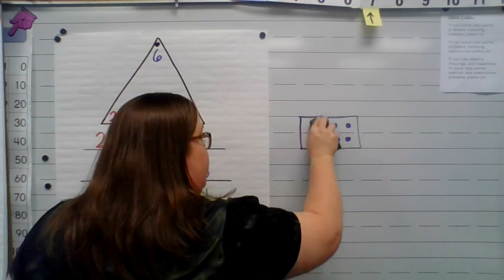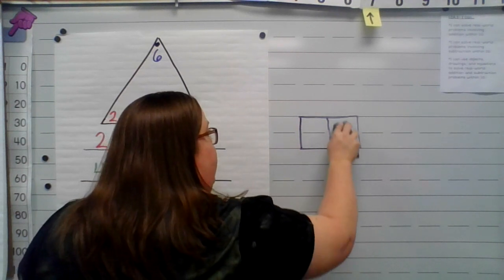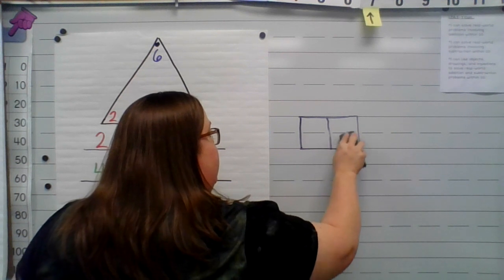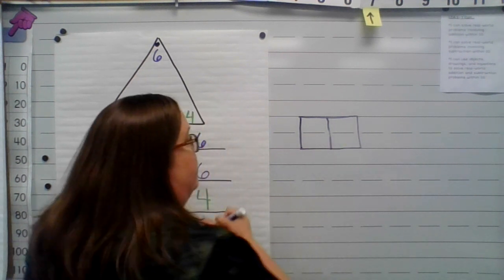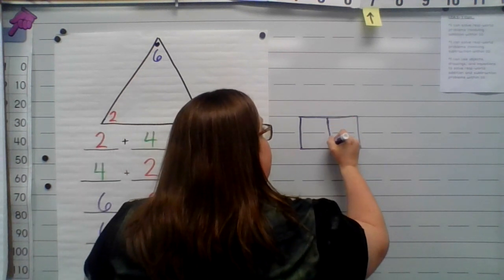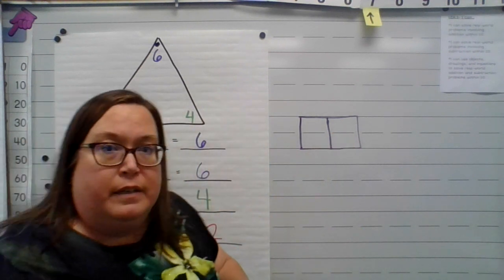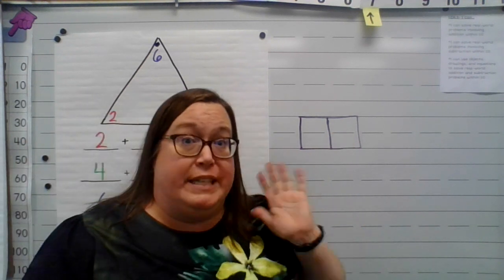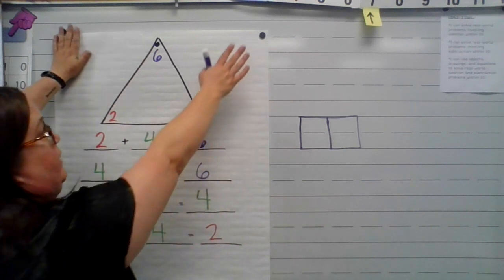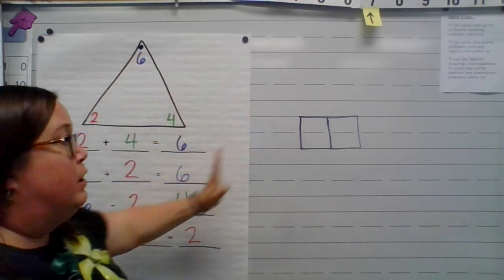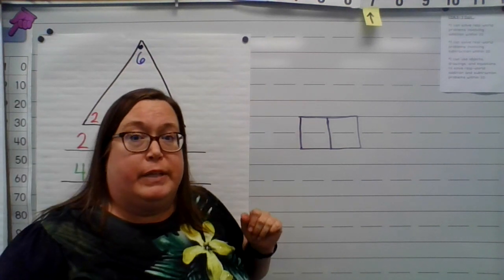Now, I'm going to try one other thing. I'm going to draw, fix that line. I'm going to draw dots to show a different fact family, okay? Not this. Forget about this for now, okay? We're going to make our own brand new fact family here.